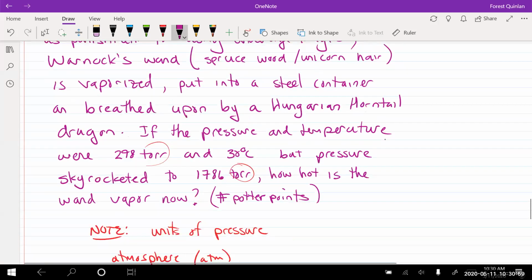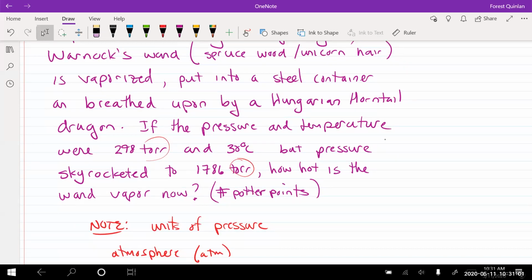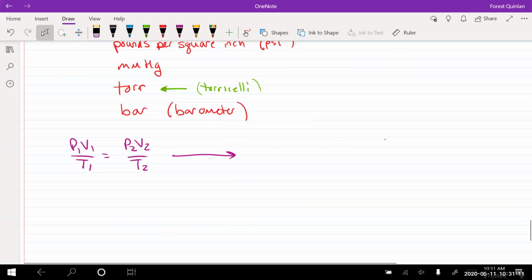Is there anything I didn't talk about? Volume. I got a pressure, temperature, I don't see any volume, right? Not only that, I even said it's a steel container, so it's probably not going to get any bigger or smaller. So the volume's going to stay the same. Look at this. It's already getting easier. P1 over T1 equals P2 over T2.